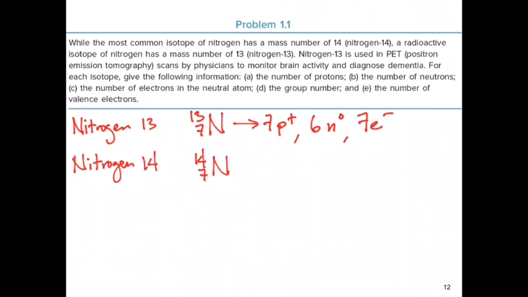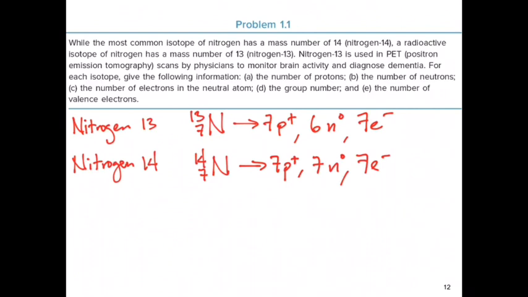All right. And for nitrogen 14, same thing. So it has 7 protons. And then subtract the two numbers, 14 minus 7, 7 neutrons. And again, this is also a neutral isotope. So 7 electrons as well.